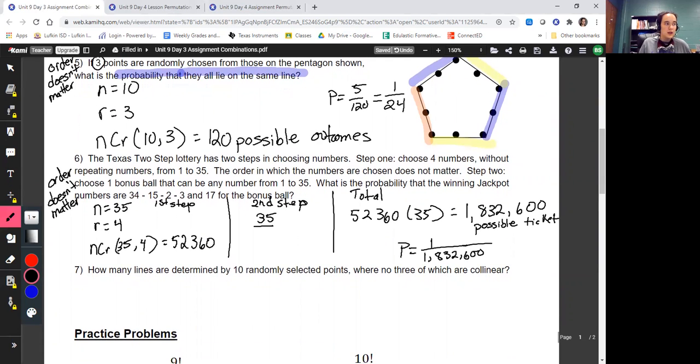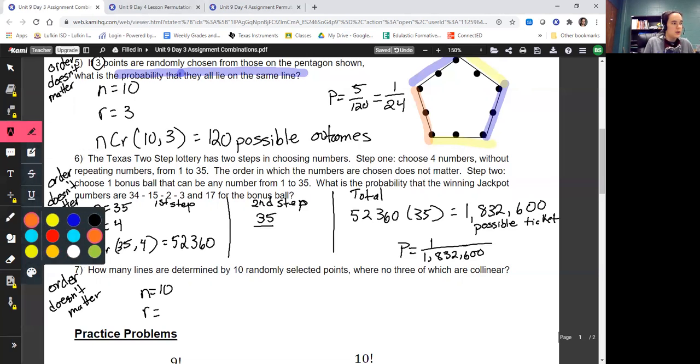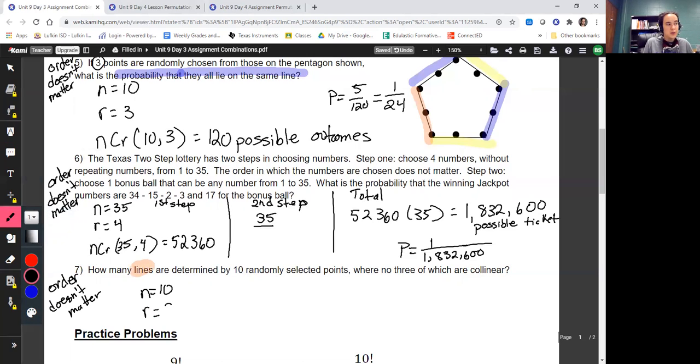Number 7, how many lines are determined by 10 randomly selected points where no 3 of which are linear? So again, order doesn't matter here. And we have a total of 10 points. Now, how many points are we choosing, because we are making a line? 2, because 2 points determine a line.